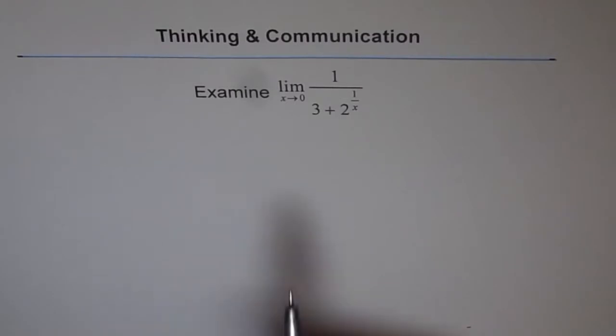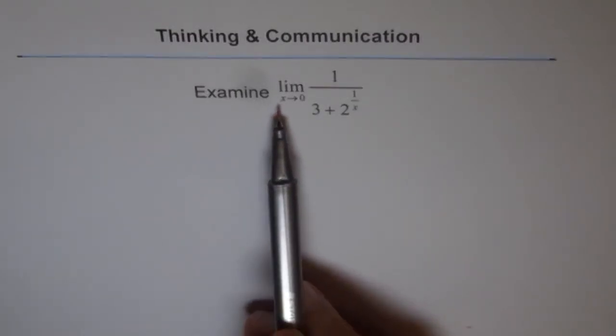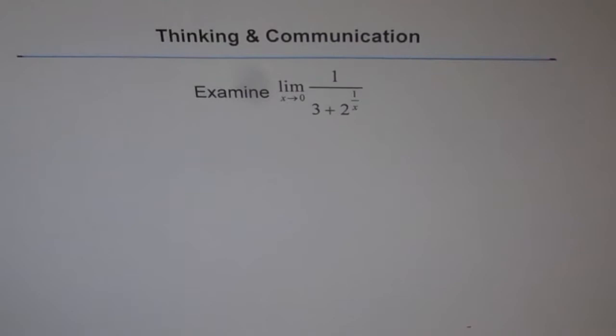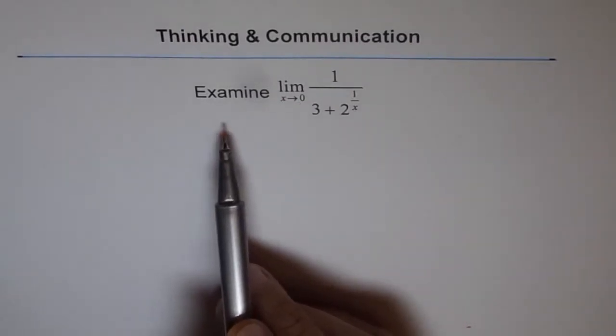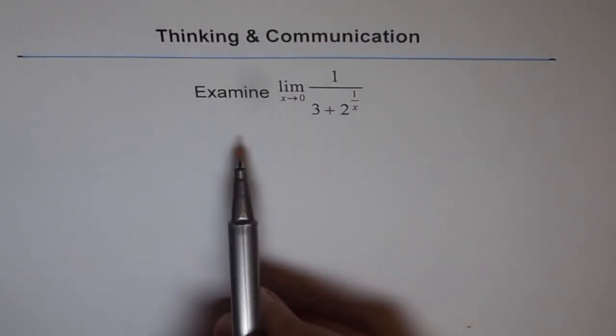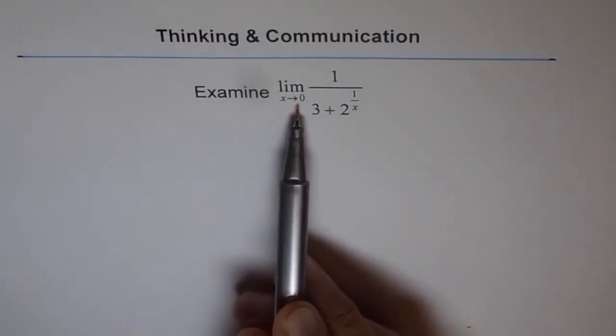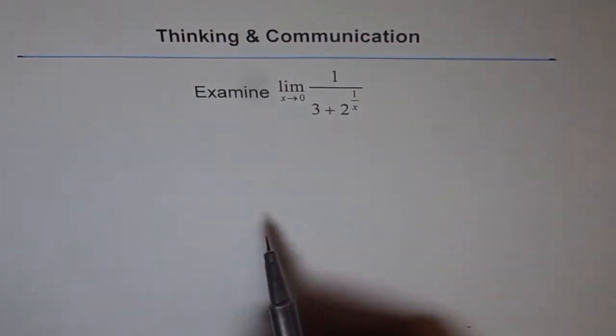So when we say limit of a function as x approaching 0, then we should consider the function from both sides. When x approaches 0 from the left, that is 0 minus, and when x approaches 0 from the right, that is 0 plus.